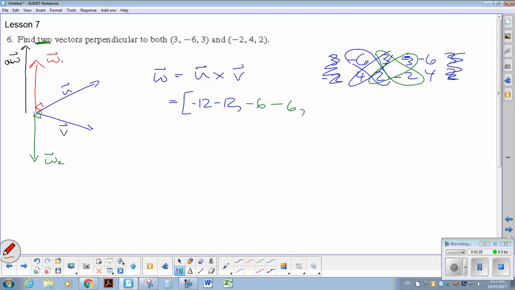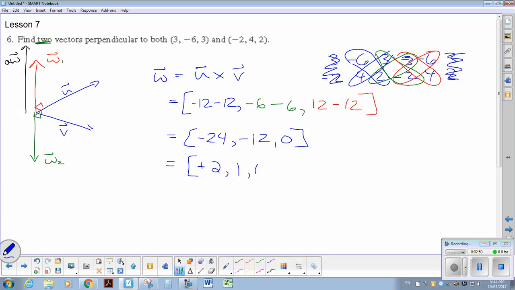And finally, 12 minus, that's going to be a 12. So that would simplify to negative 24, negative 12, 0, which I could reduce down to positive 2, 1, 0. So that would be the w vector.